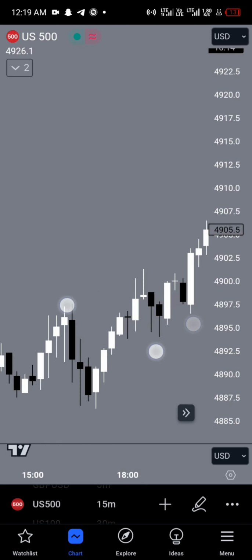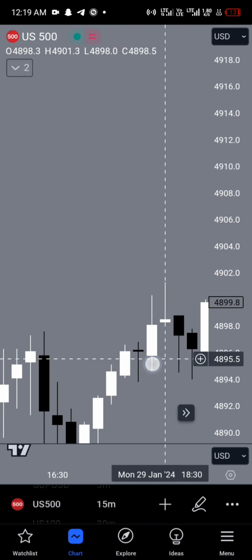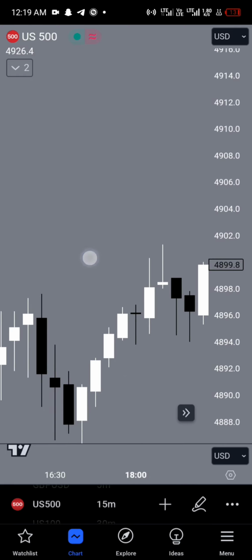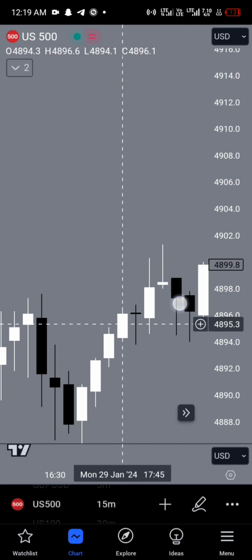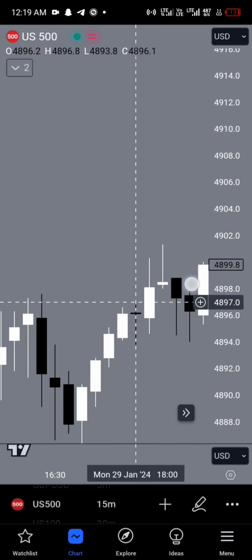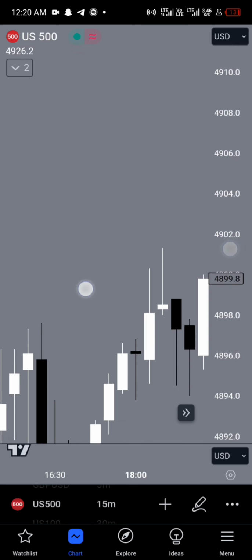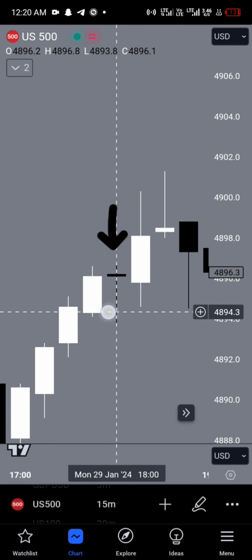But observe something in the middle of this set of bullish candles, the white ones, there's this black candle. This is the reason why I was trying to define the open, high, low and close. This black candle is a bearish candle because we close below the opening price.